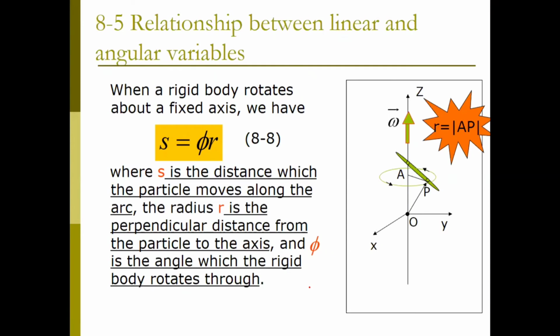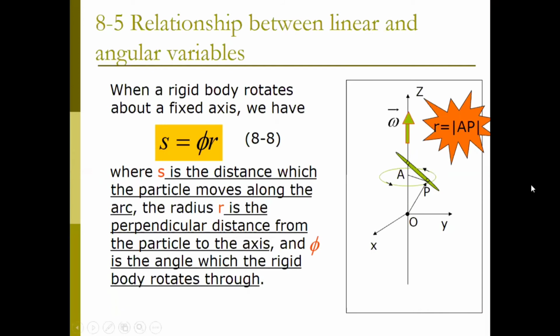So what is the relationship between linear and angular variables? When a rigid body rotates about a fixed axis, we have arc length s equal to theta times the radius, where s is the distance which the particle moves along the arc, the radius r is the perpendicular distance from the particle to the axis, and theta is the angle through which the rigid body rotates.